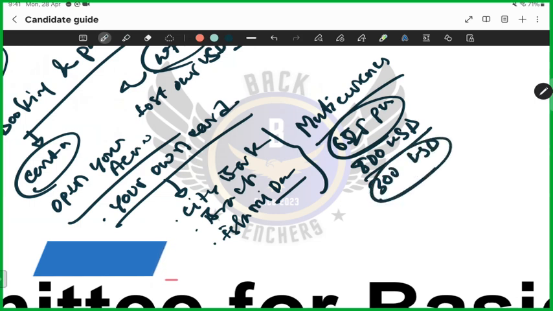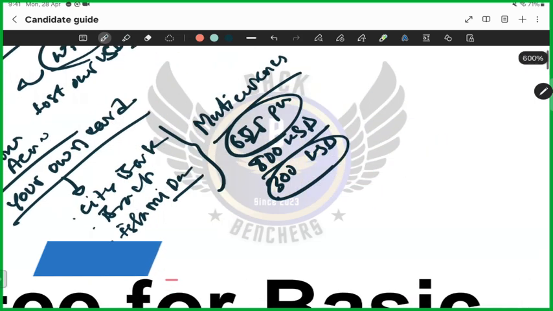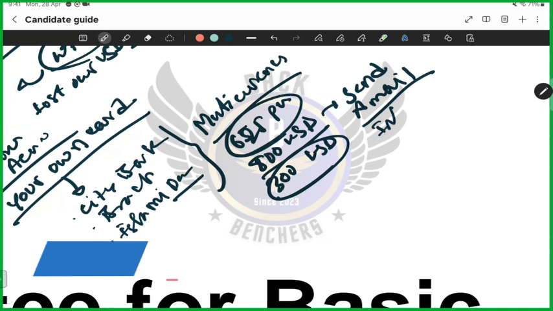So anytime you have to pay more than 300 USD, you have to send a mail to them for opening your international gateway. So you talk to the bank and they will tell you to send them a mail for opening the gateway.